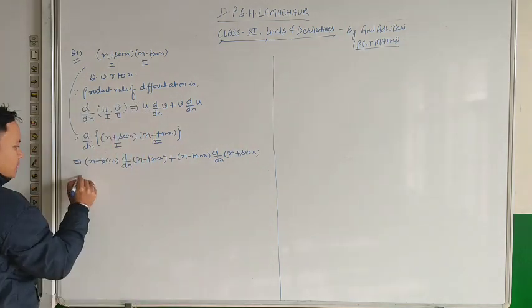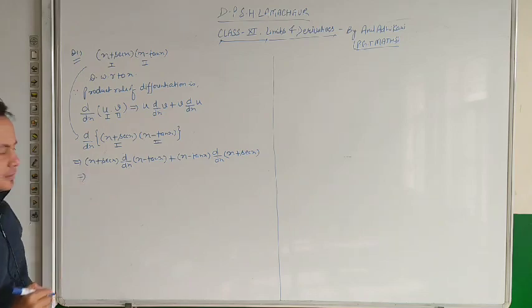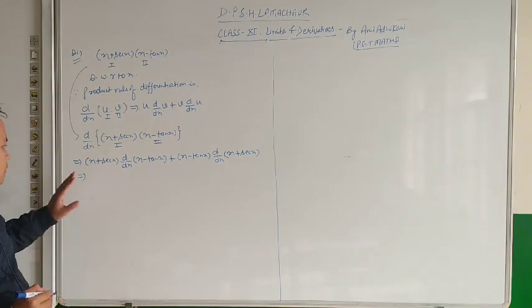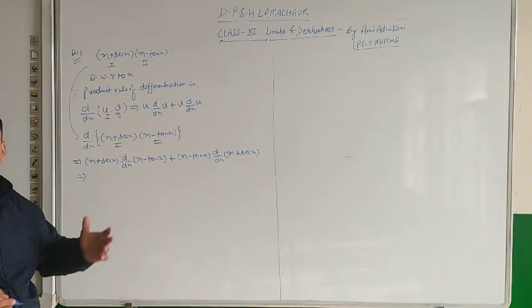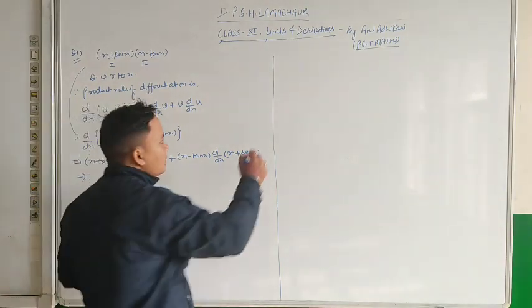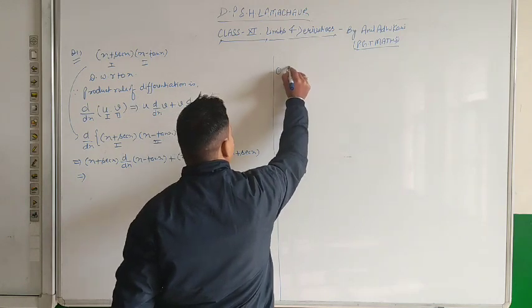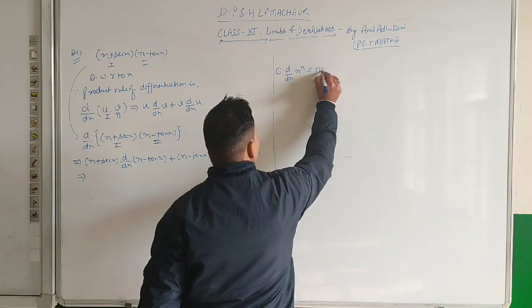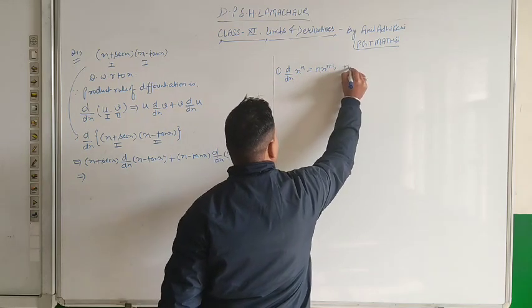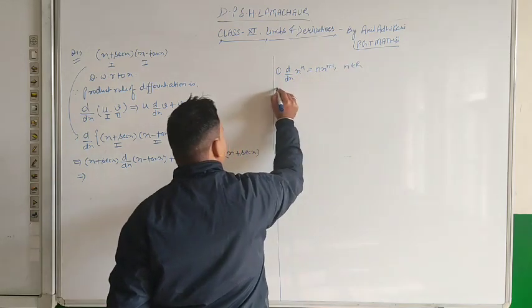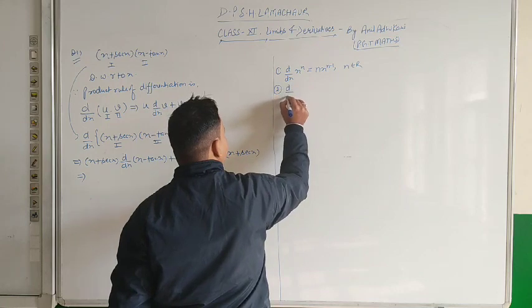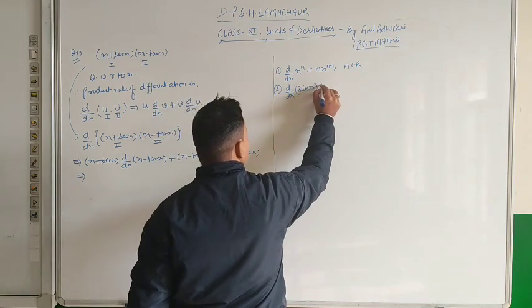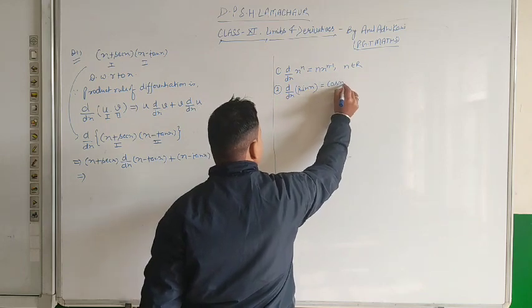As I have taught you the formulas of derivatives, I am again writing some formulas here. d by dx of x to the power n is n x to the power n minus 1, where n belongs to R. Second, d by dx of sin x is cos x.